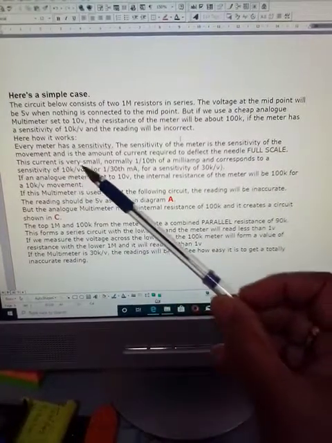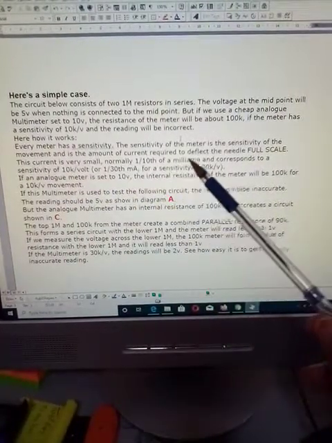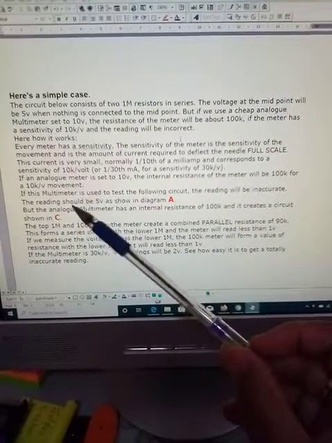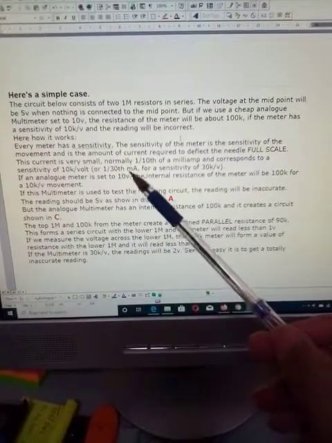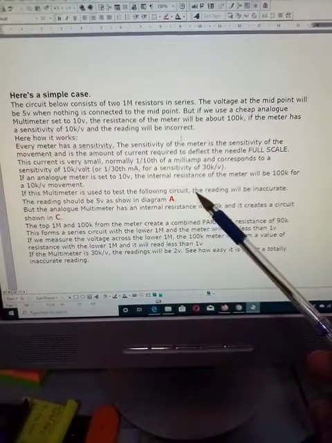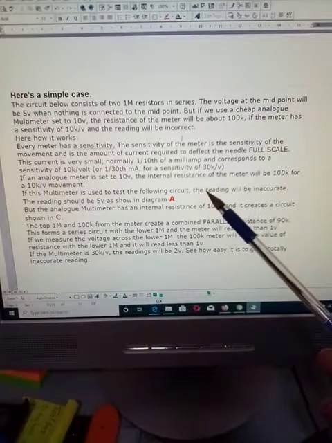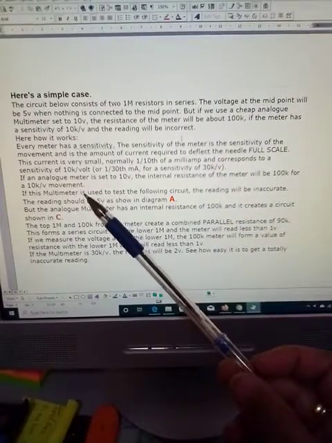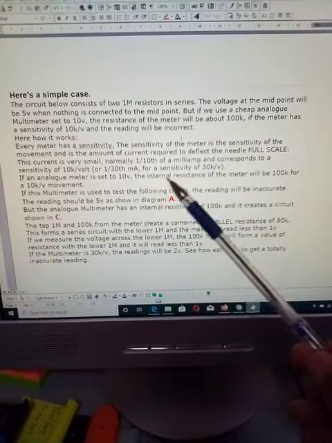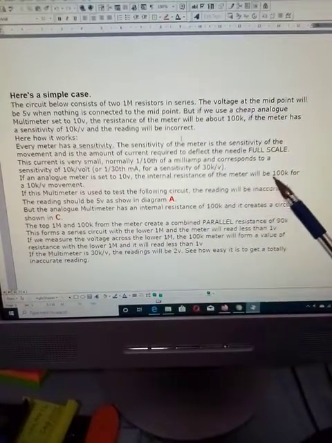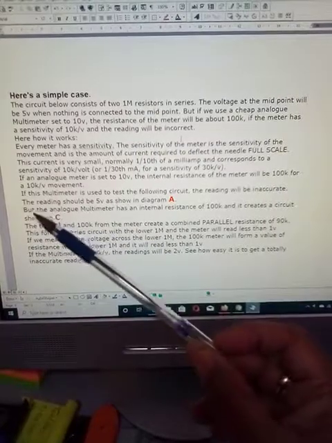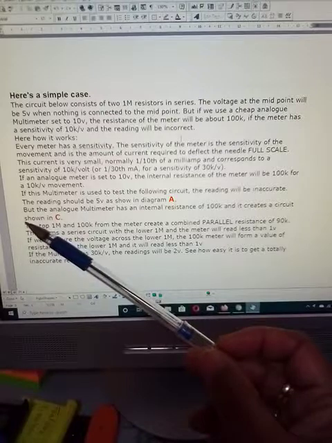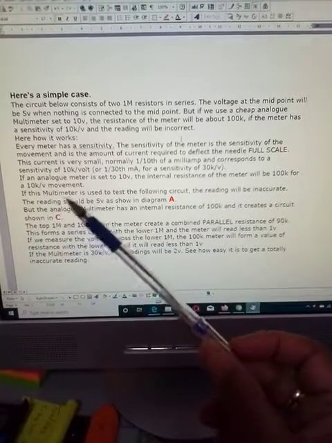This current is very small, normally 1/10 of a milliamp, and corresponds to a sensitivity of 10K ohms per volt, or 1/30th of a milliamp, for a sensitivity of 30K per volt. If an analog meter is set to 10 volts, the internal resistance of the meter will be 100 kilo ohms for a 10K ohms per volt movement.